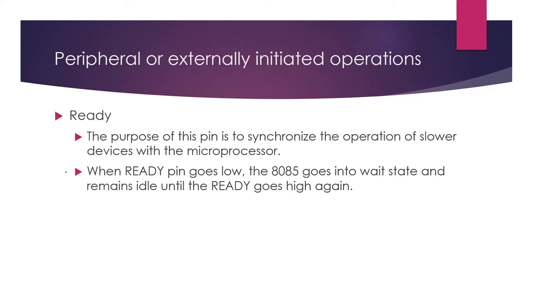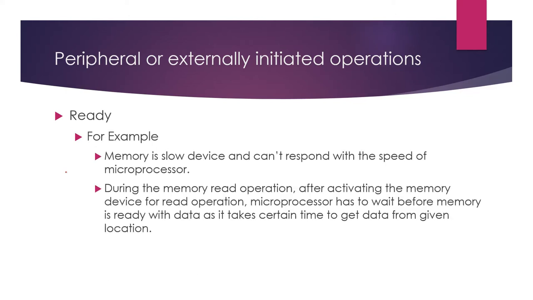When the ready pin goes low, the 8085 goes into wait state and remains idle until ready goes high. For example, memory is a slow device and cannot respond at the speed of the microprocessor.